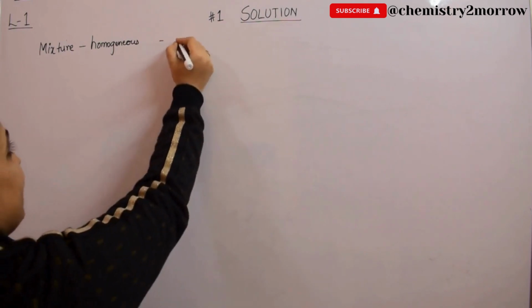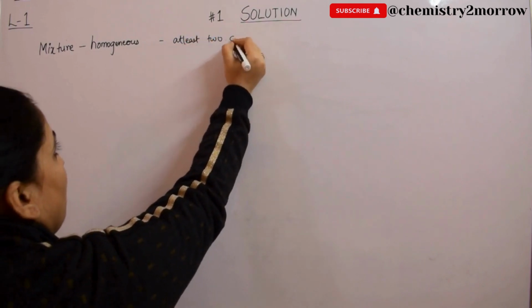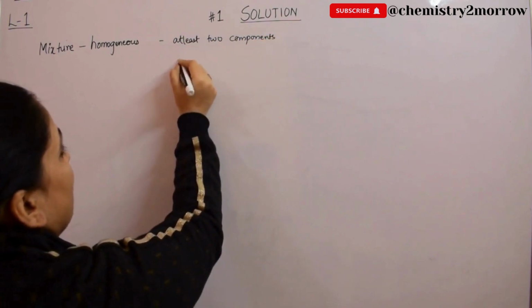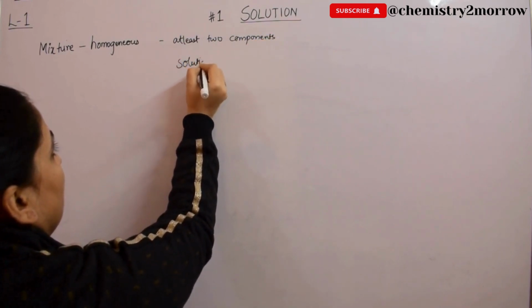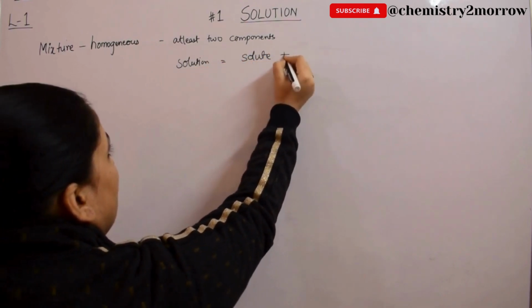So that is a homogeneous mixture, a solution. It has at least two components, and those components are called solute and solvent.